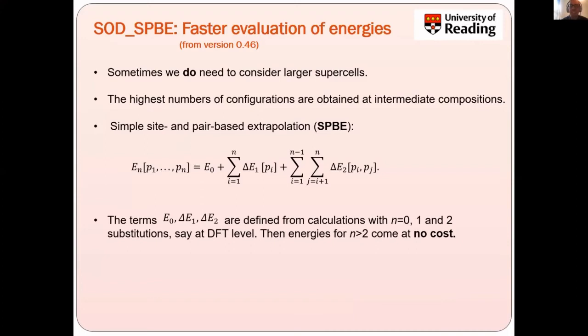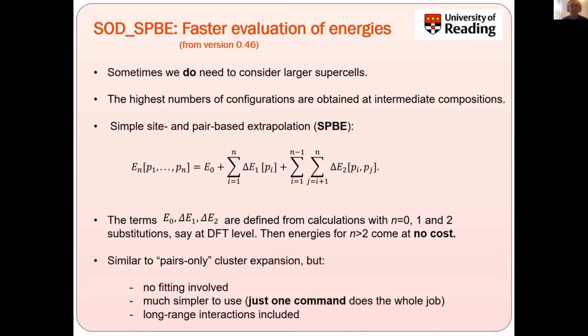And that comes at no cost. So we can do very quick calculations of many energies in the configurational spectrum. It's similar to a pairs-only cluster expansion, but there is no fitting involved. It is just one command in the SOT code. It really does the job very efficiently.